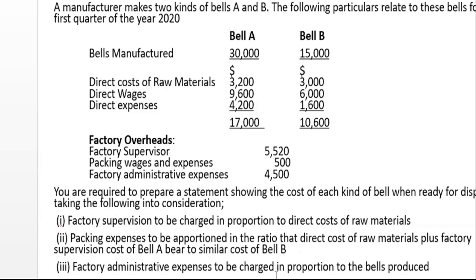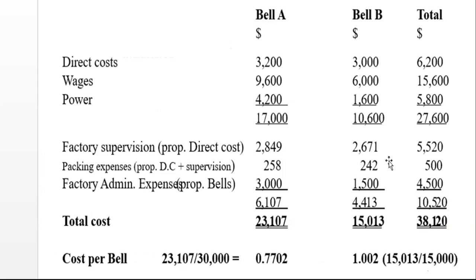So to get how much needs to be allocated for bale A, you take 30,000 over 45,000 times 4,500, and you'll get whatever is supposed to be allocated for bale A. Then for bale B, you take 15,000 over 45,000 times 4,500.